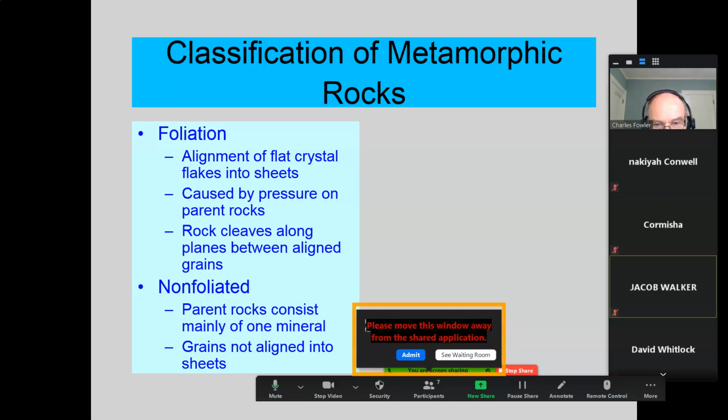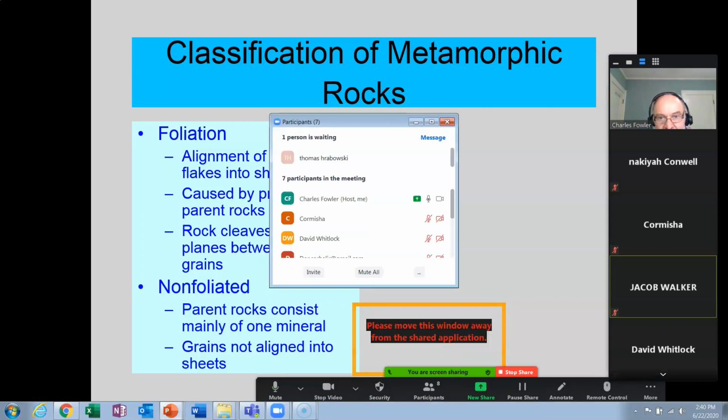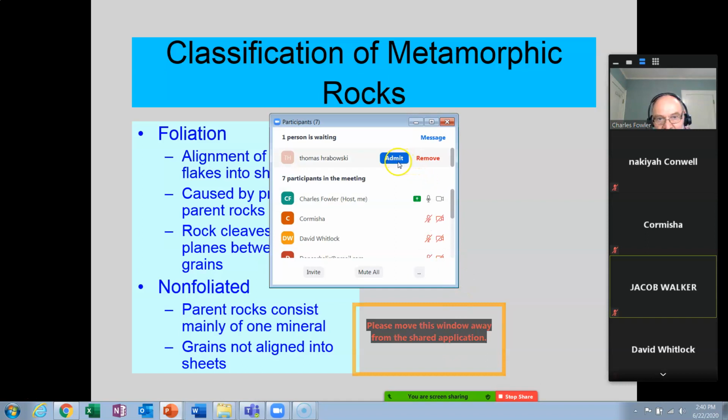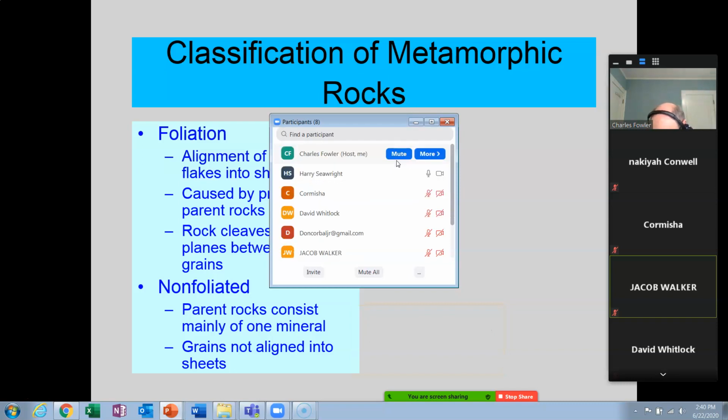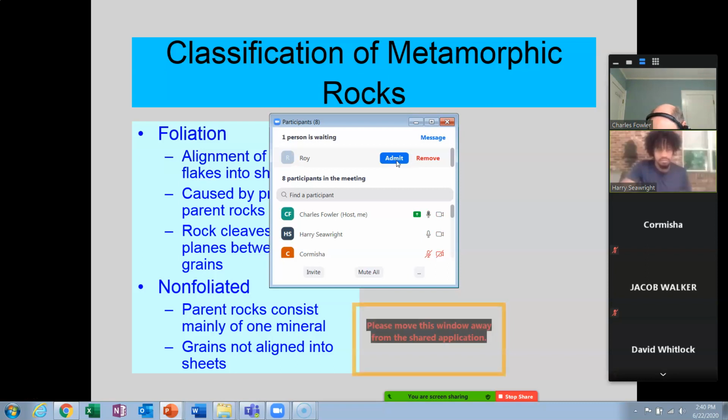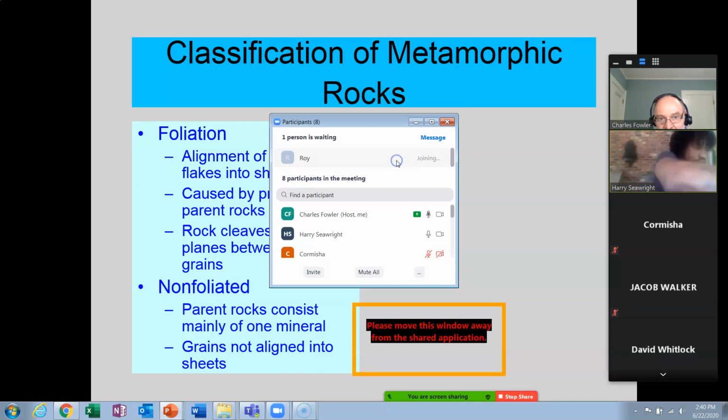Whoa, here comes somebody else and it's blocking the name. I don't know if you can see it or not. Let me see if I can see who it is. Harry, I think, is coming in. And then two more people are waiting. Thomas. So Harry and Thomas are on the way. Harry's here. And Thomas is here. Oh, Roy must have left and come back. Let me get him back here. I see Harry now. Okay. And Roy was already here, but he must be having trouble.